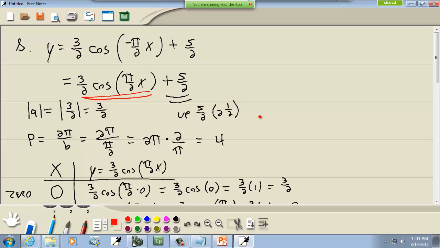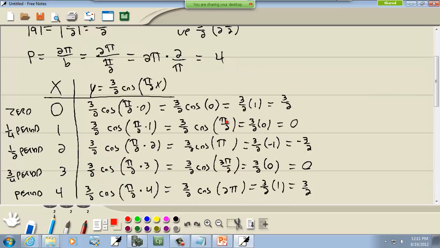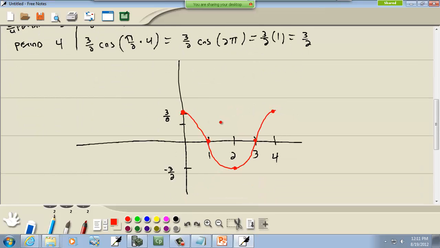Now our shift, we said, is up 2.5 or up 5/2. Let me think this through.